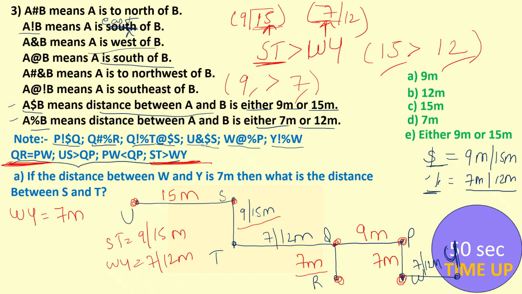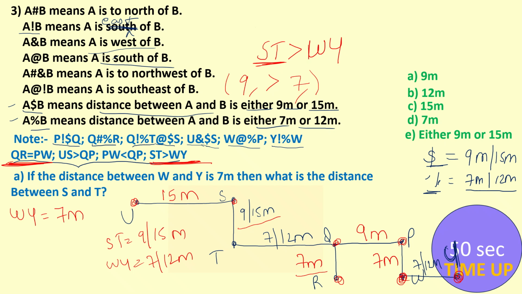Still, if WY is also 7 meter, and you go to this condition, ST is greater than WY. If they give that WY is 7 meter, you still can't find out the distance between S and T, because this is 9 or 15 meter.